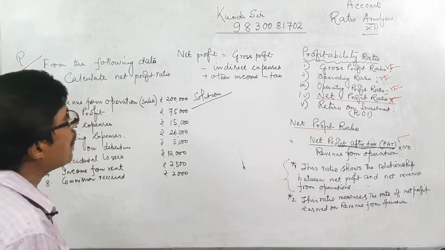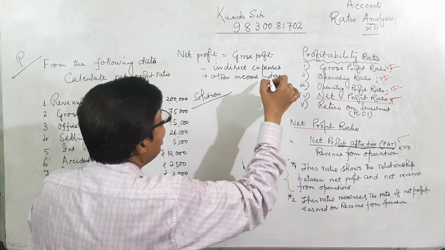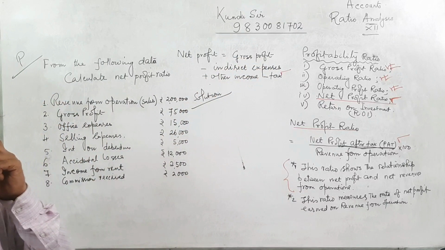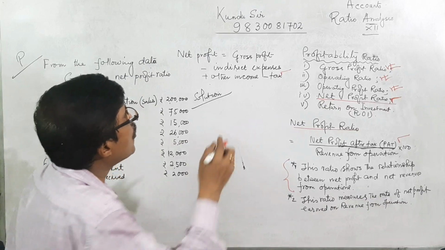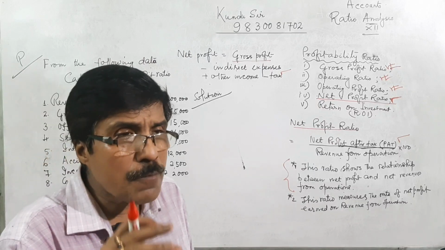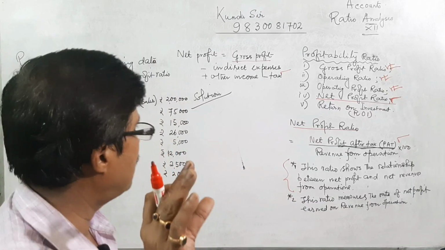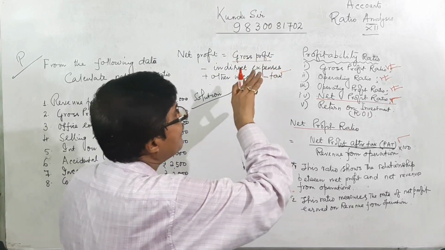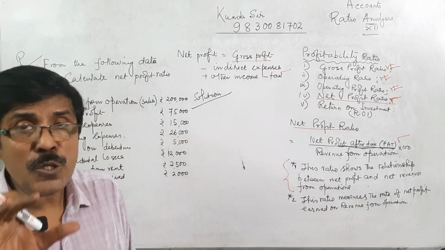What is net profit? Gross profit minus indirect expenses plus other income minus tax. What is gross profit? Revenue from operation minus cost of goods sold, that means direct costs related to operation. If you deduct the direct expenses from revenue, then we get the gross profit.